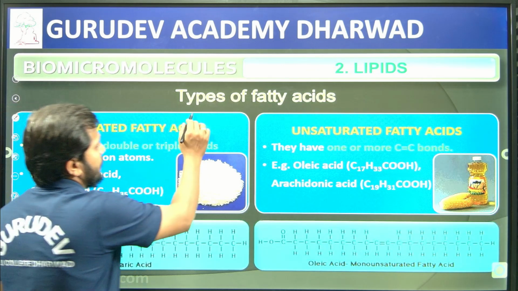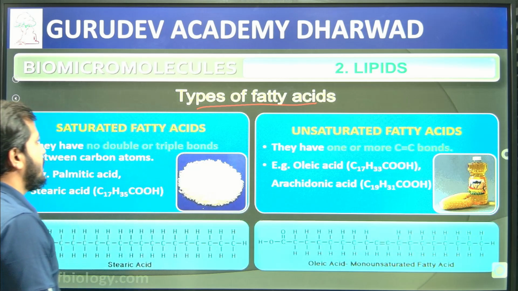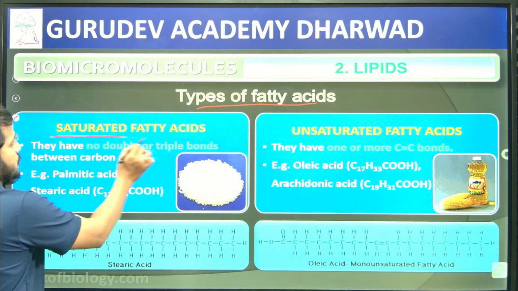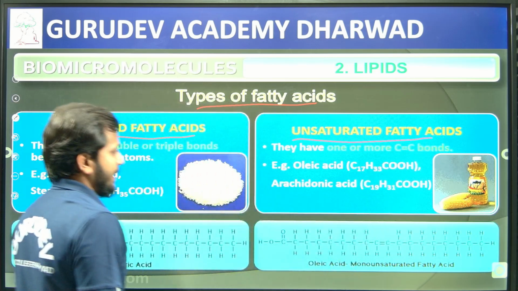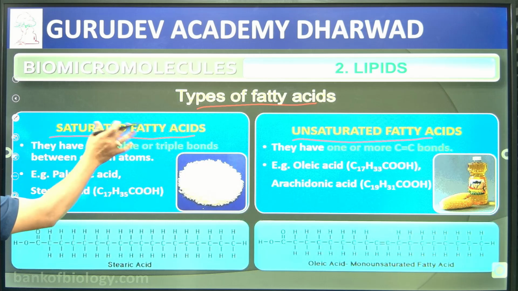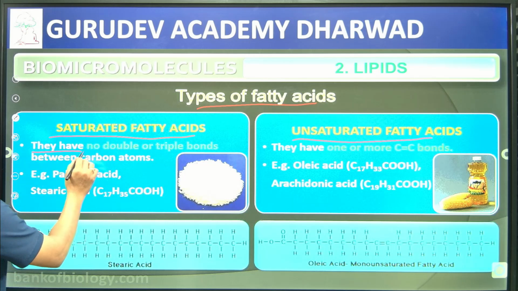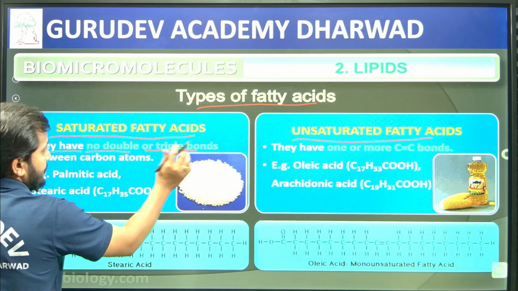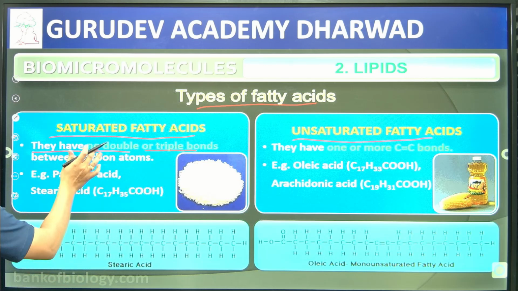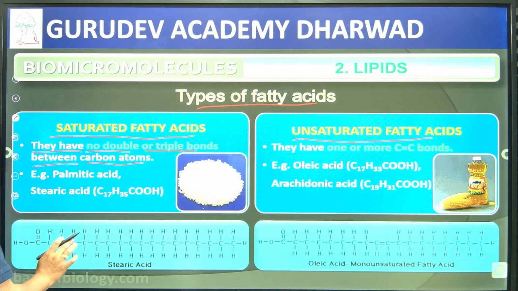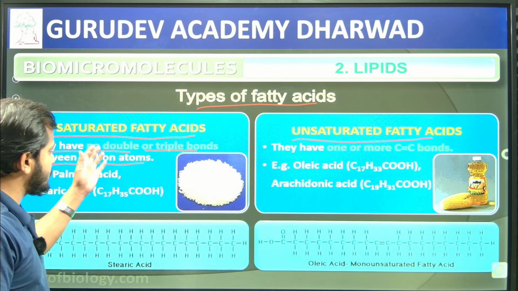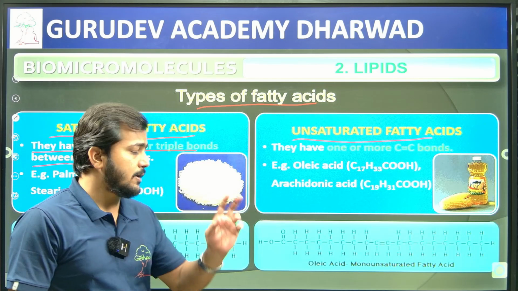Then the types of fatty acids. Mainly we find saturated fatty acids and unsaturated fatty acids. Now what are saturated fatty acids? They have no double or triple bonds between carbon atoms. So between carbon atoms you will not find any double bond or triple bond.